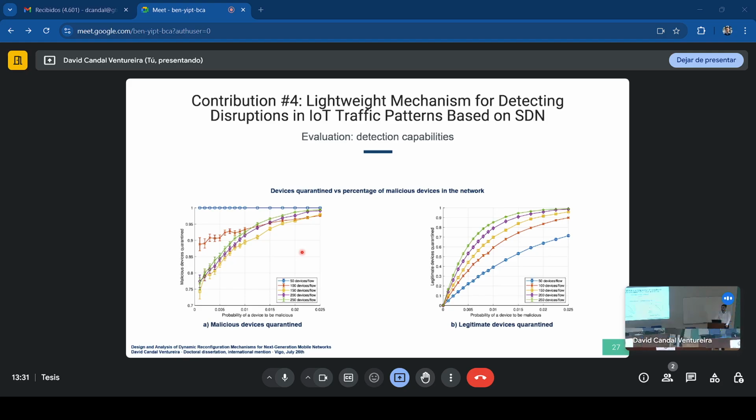No, that does not depend on the detection. The thing is, the general performance only depends on how quickly you react.